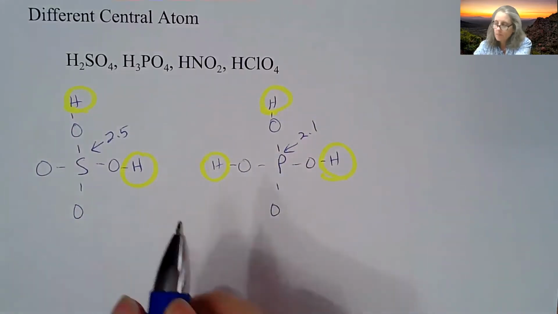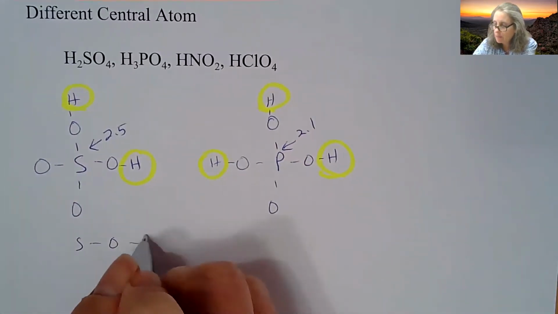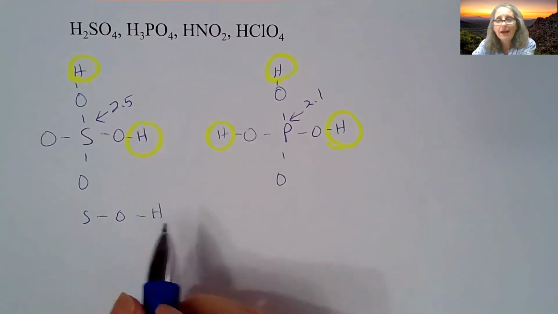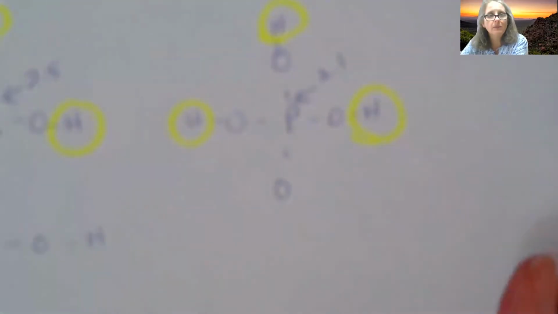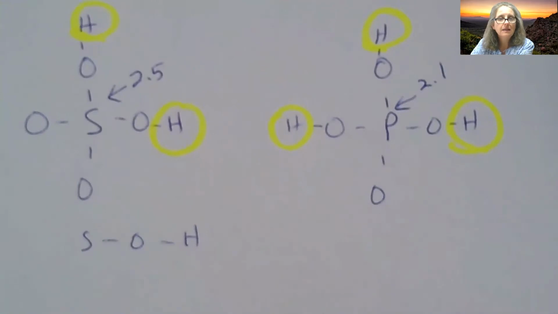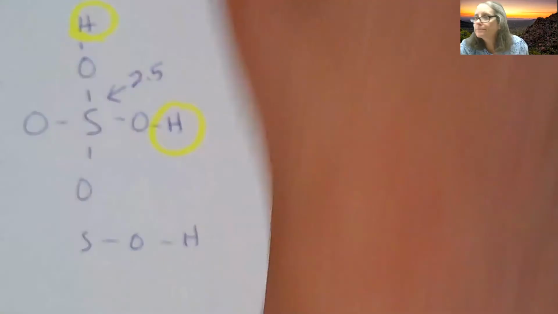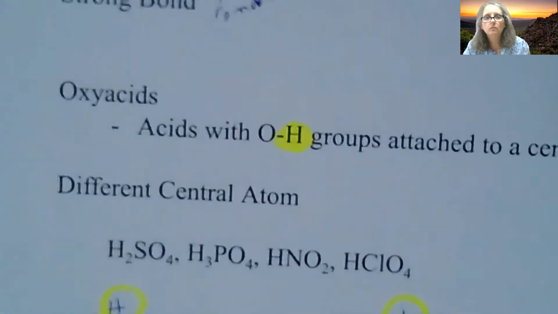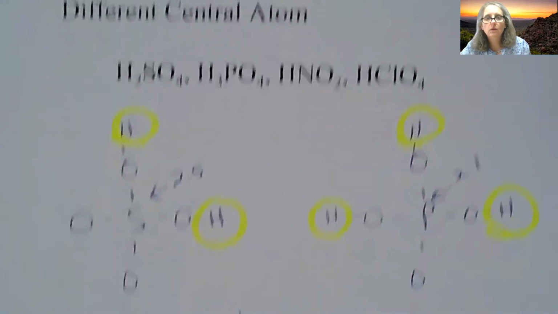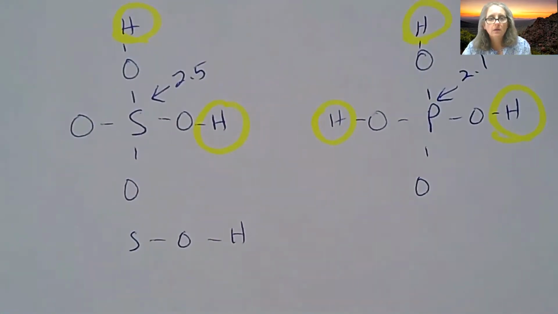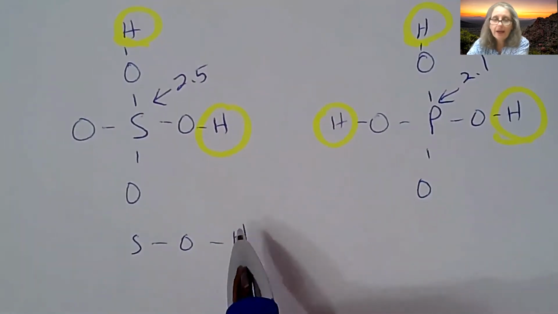So I'm going to draw the bond between sulfur, oxygen, and hydrogen down here. I'm going to make this a little bigger so you can see it a little closer. All right, so sulfur attached to oxygen to hydrogen.